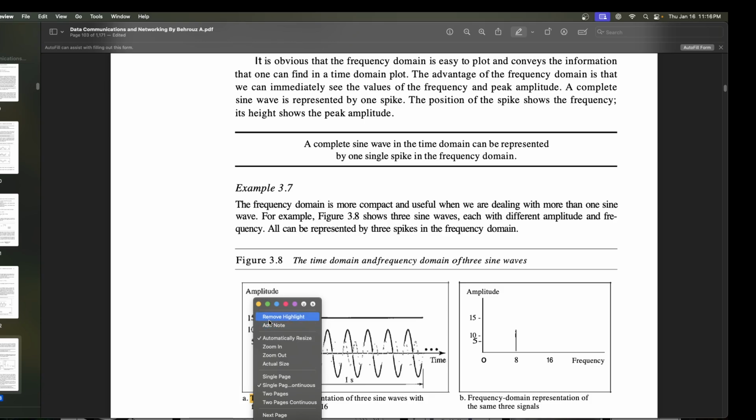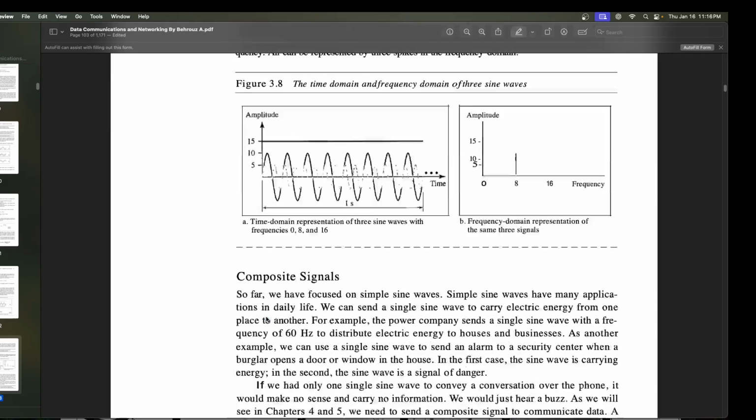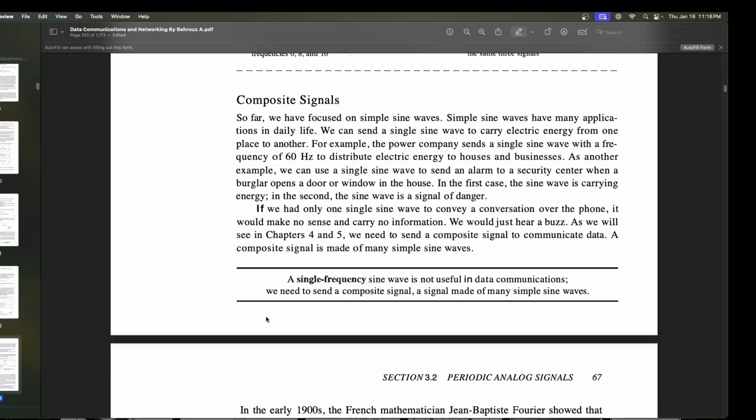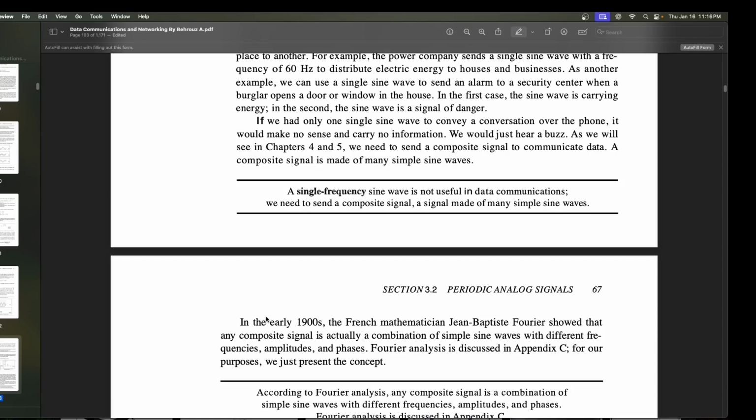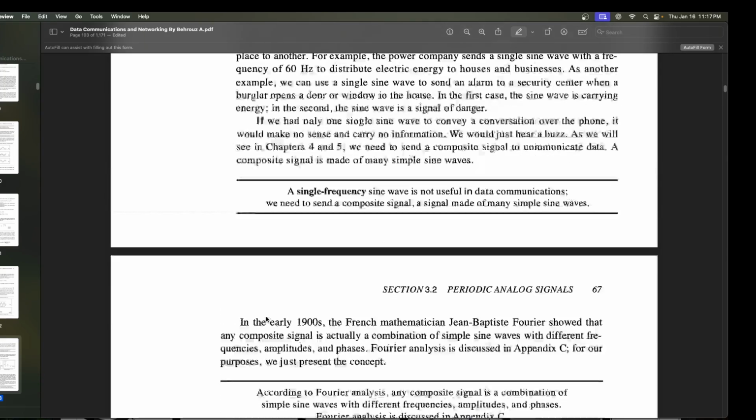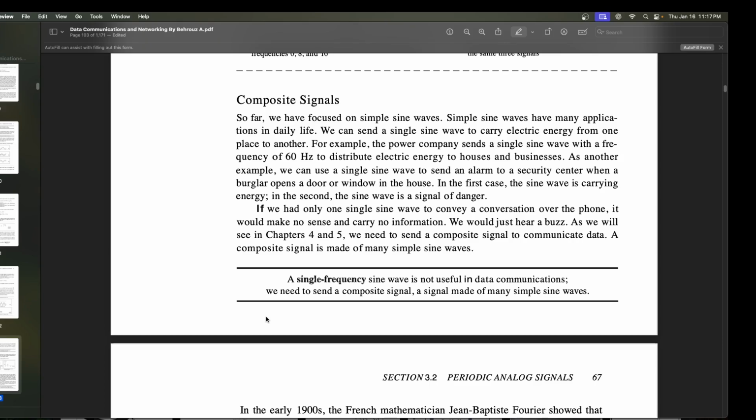So far we have focused on simple sine waves. Simple sine waves may carry many applications. For example, electric energy. There are two types, right? DC and AC. Why use DC? Why use AC?